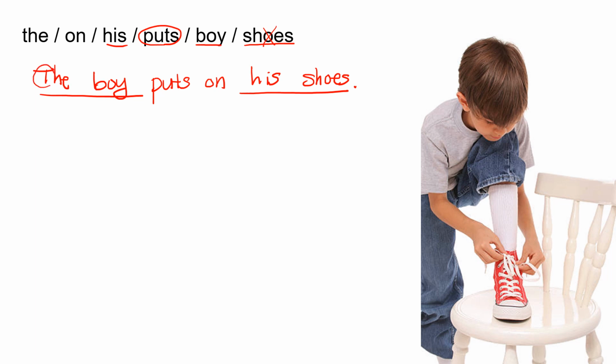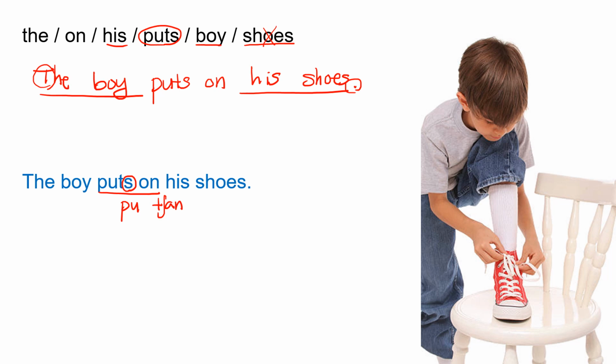Start with the capital and end with a period. The boy puts on his shoes. So the boy puts on. We need to pronounce S. We say puts, and on. Puts on. And then his shoes.